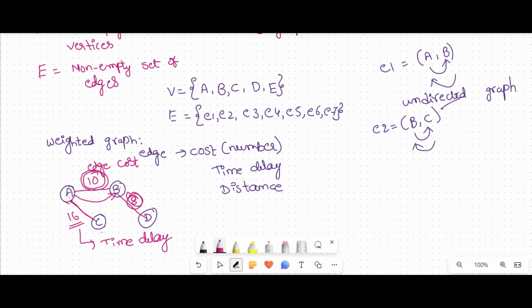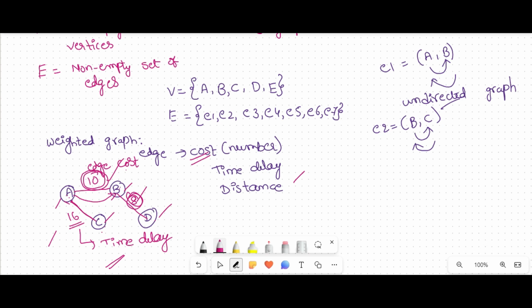So that is the significance of mentioning the cost. I told you this in terms of time, but it may be distance also. The distance from A city to B city is 10 units, from A city to C city is 16 units, and from B city to D city is 8 kilometers.